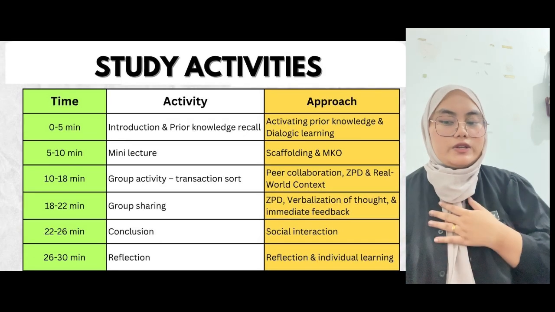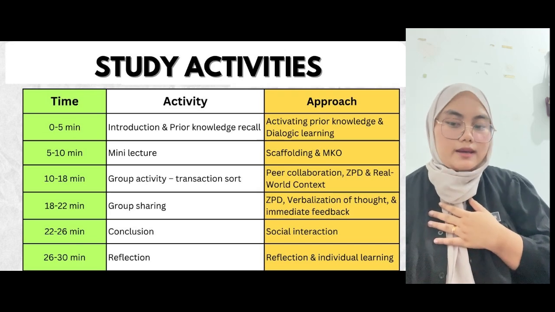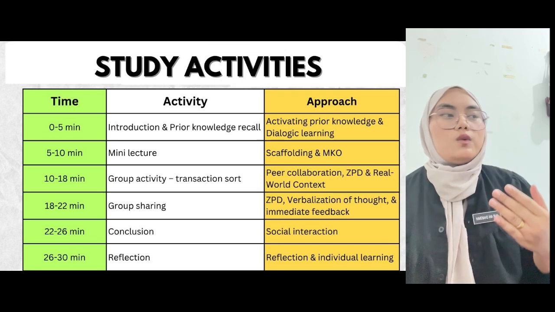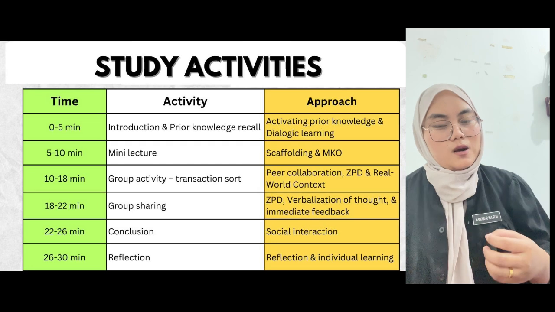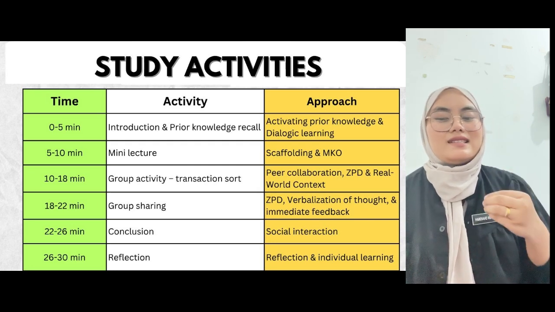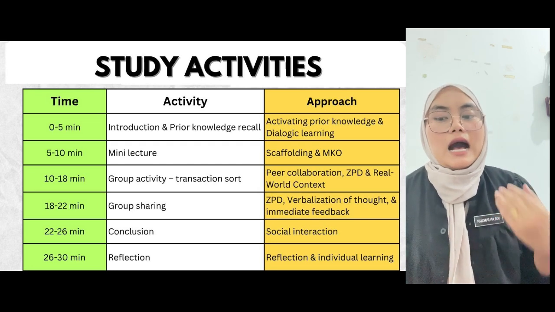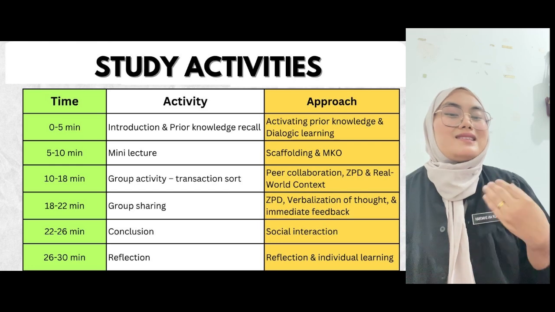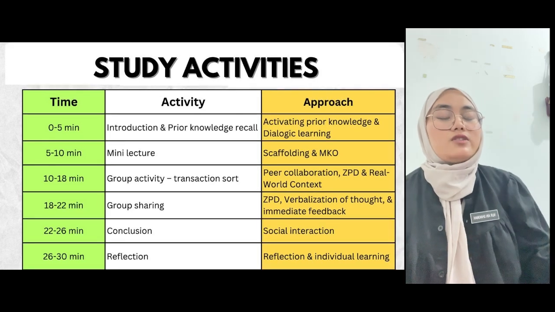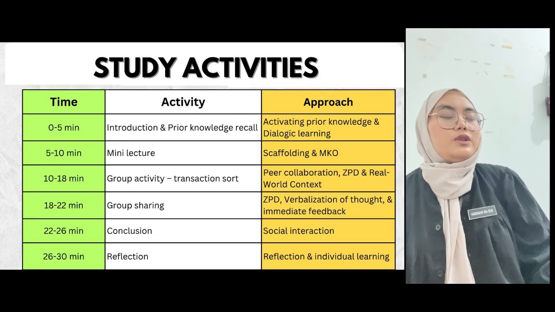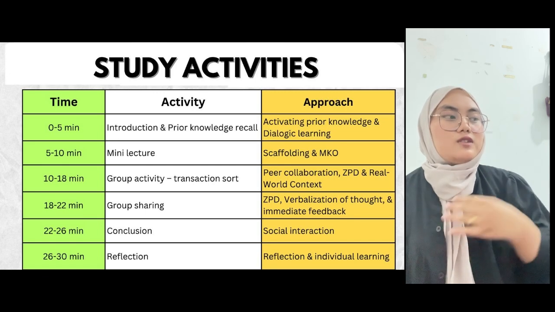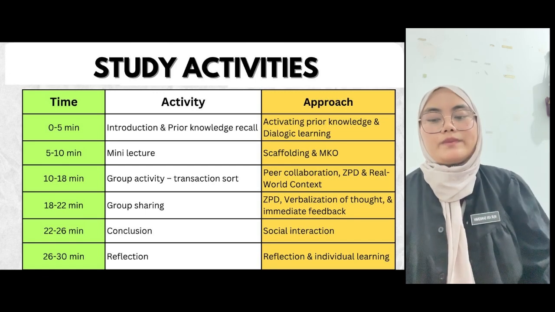Here, me as a teacher, I will ask for student feedback first: what was challenging in this study activity, and how did your group help you understand it better. Social interactions are involved between me as a teacher and the group members.